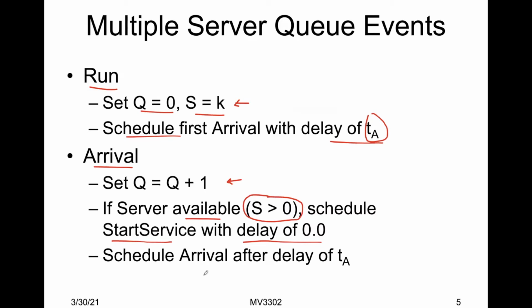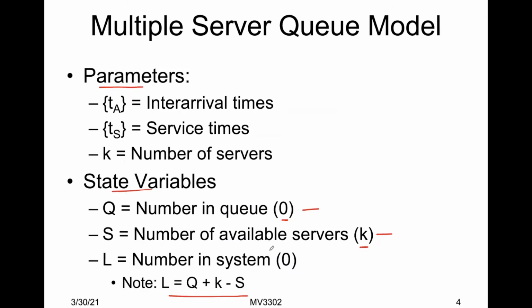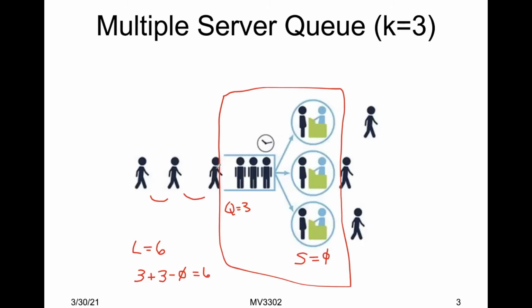And then furthermore, the way the model is going to work is like the arrival process: we're going to schedule the next guy after another delay of T sub A. So in this case, the arrival event schedules 2 events. If this guy shows up and now Q is equal to 4, then the time between when he shows up and the next one will be another T sub A. One thing to keep in your mind is that the times in discrete event simulation are always relative.